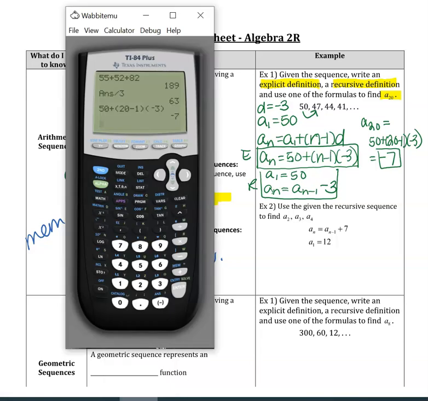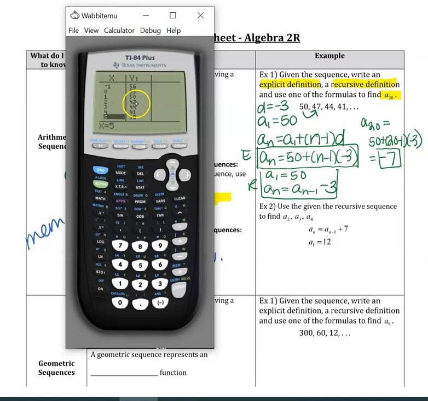Now, something else you can do to check yourself is actually look at this equation that you came up with, your explicit formula, and type it into y1 in your calculator. So instead of n, I'm going to plug in an x. And then I can go to my table of values, and you'll see that the first term is 50.